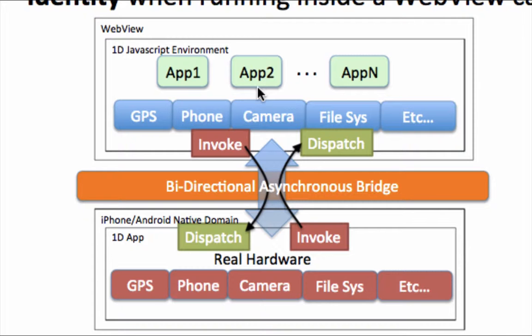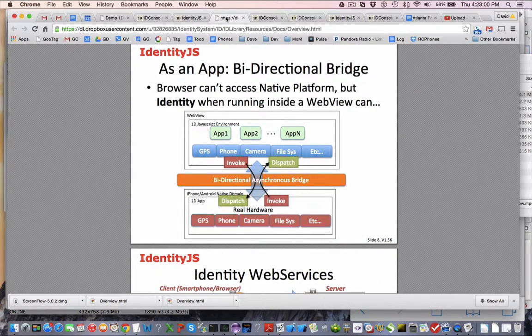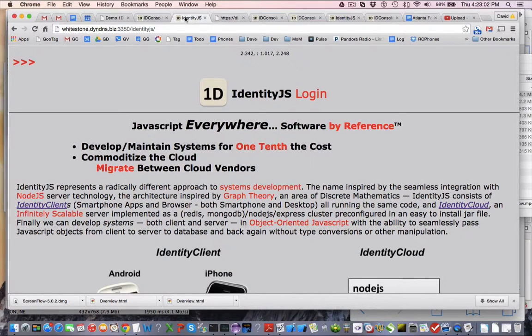So now let's take a look at what this is going to look like on a browser. And so this is IdentityJS.com. If you go to that website, here's the browser interface to that. And we'll see in a moment it looks similar on a smartphone browser. But basically, IdentityJS is implemented in itself.